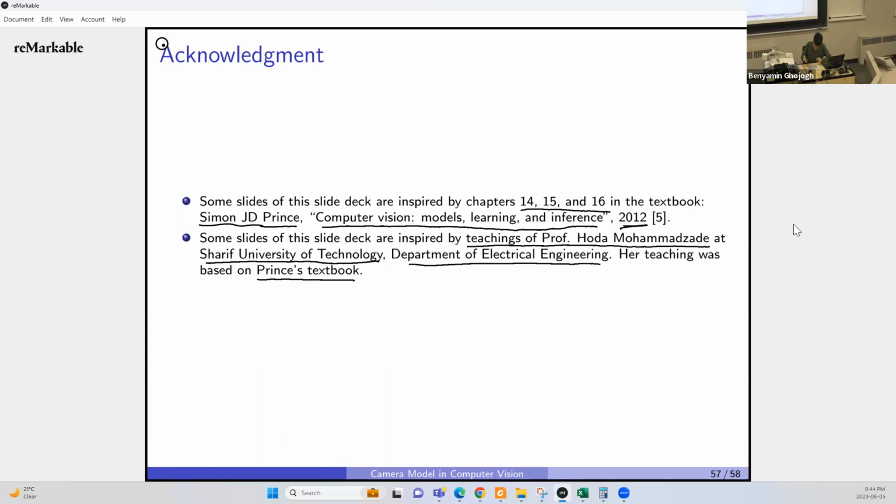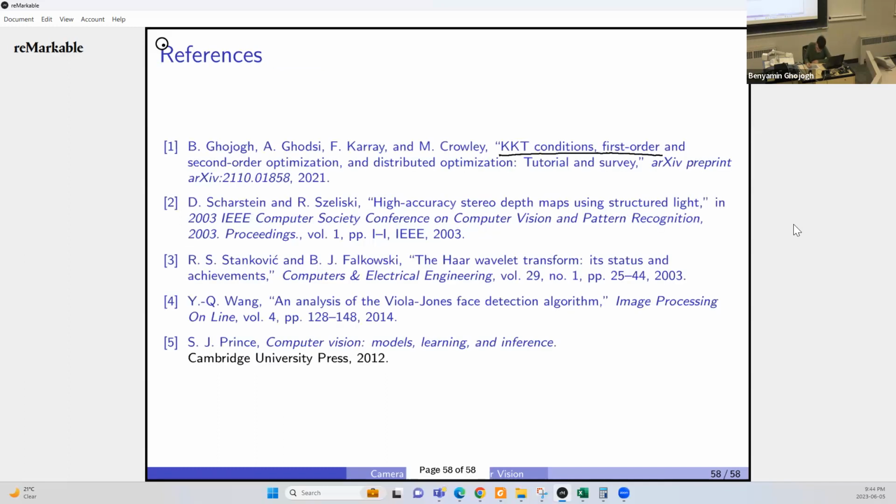And references, very few of them. This is our tutorial paper on optimization, because once I talked about alternating optimization, we can take a look at our tutorial. This is High Accuracy Stereo Depth Maps Using Structured Light by Scharstein and Szeliski in 2003. This was one of the most important papers in computer vision. It improved the time complexity of finding depth from images.